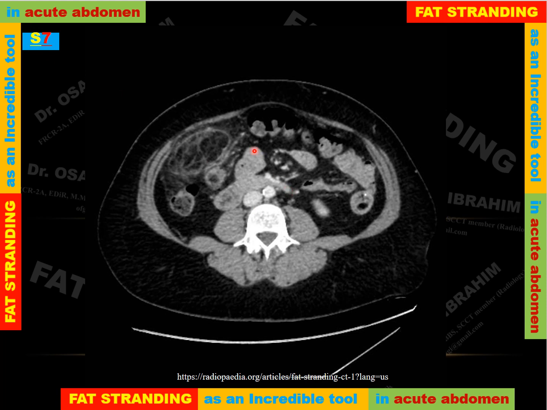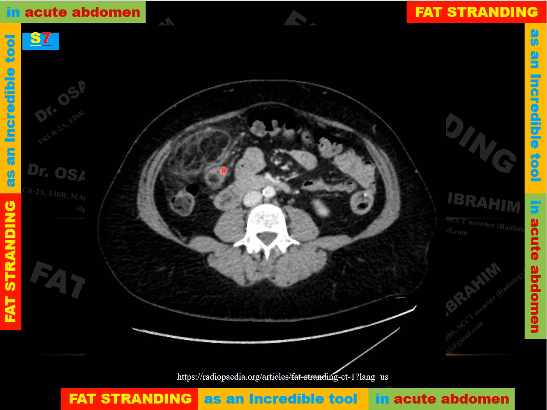Scenario 7. This fat stranding, detected in the right lower quadrant, appears as irregular lines of high attenuation on the CT, and there is also an area of linear high attenuation surrounding an internal fatty lesion. These lesions in the right lower quadrant give a differential of acute appendicitis, Crohn's disease, or omental infarction.